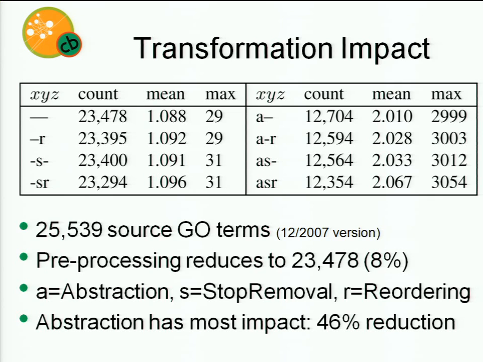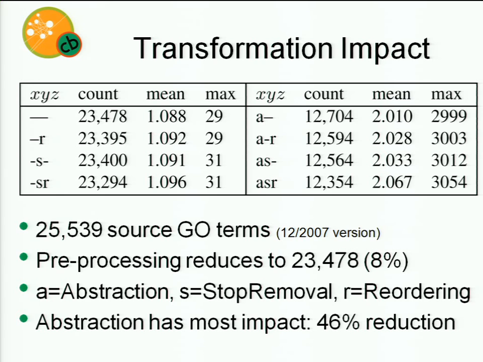So clearly the abstraction step has the most impact. Even after we've applied the abstraction, the reordering, stopword removal, or all of them together only have a very minor impact on the number of clusters. But a lot of the univocality violations we found actually came into play at this level.